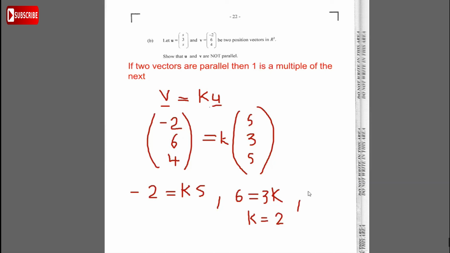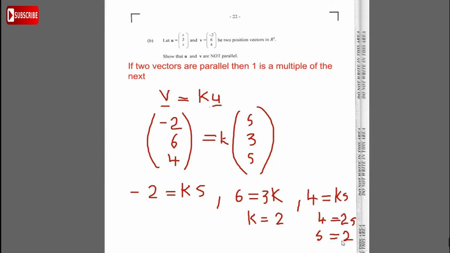And finally, 4 is equal to K times S. If K is 2, then 4 is equal to 2 times 2S. So in this case, S is equal to 2.